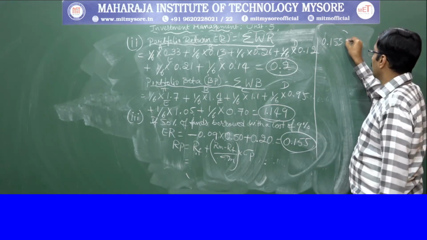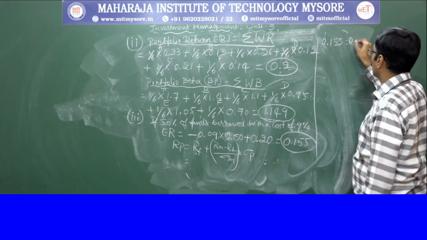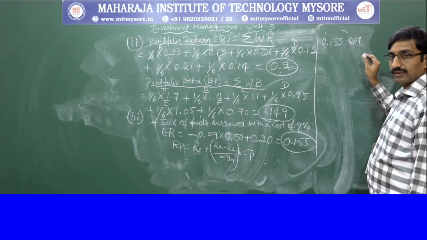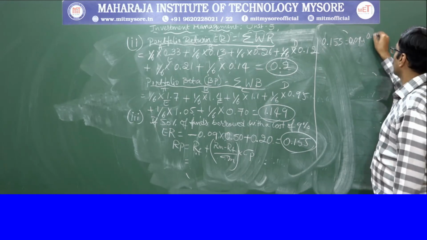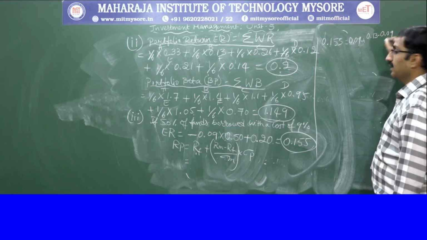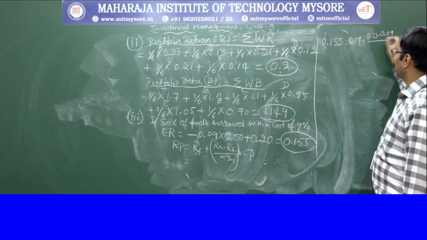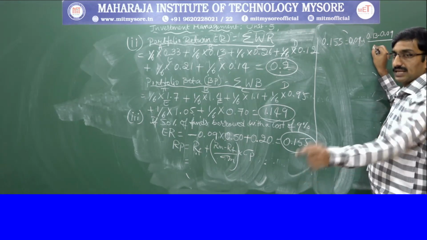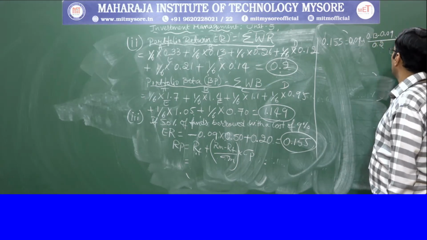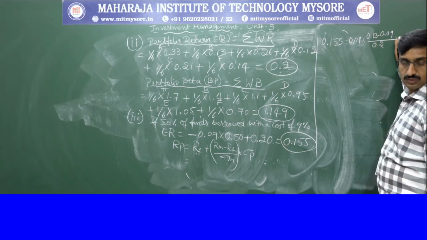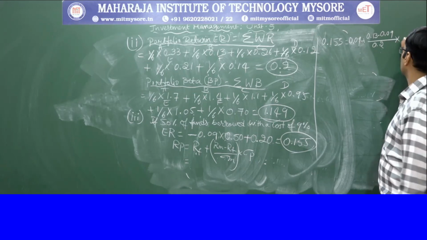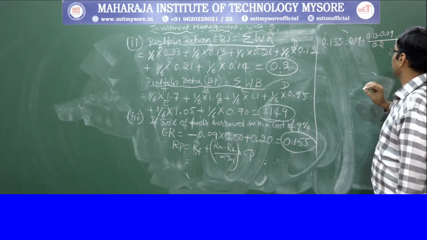That is equal to RF, which is 0.09, plus RM, 0.13, minus 0.09, divided by the standard deviation of M, the market, which is 0.2, into the estimated risk, which we don't know, that we call standard deviation P.